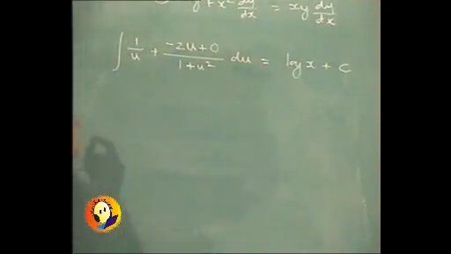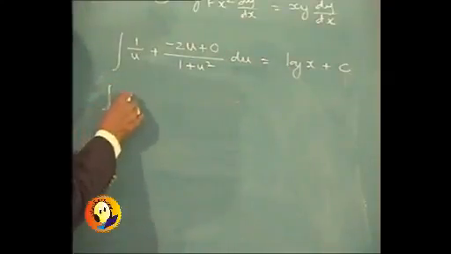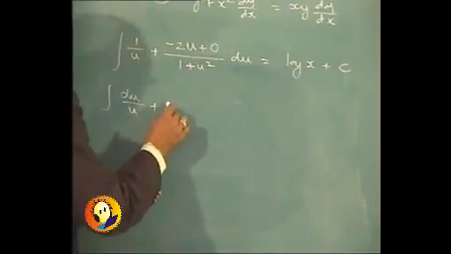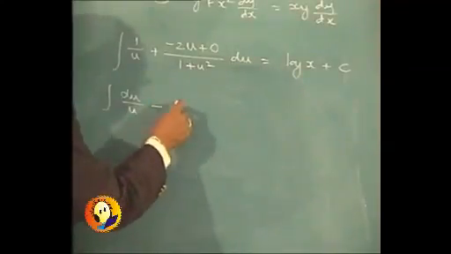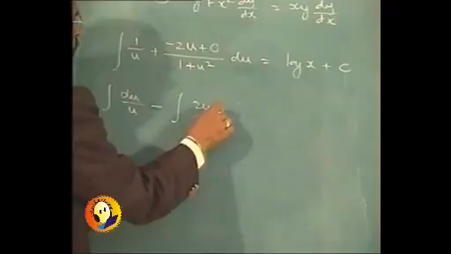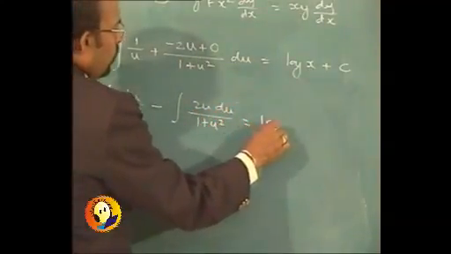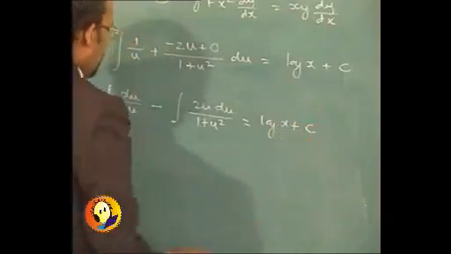As we separate the integral on the left hand side, it is integral du upon u as the first term, plus, rather we can take minus outside, it is integral 2u du upon 1 plus u square equal to log x plus constant.